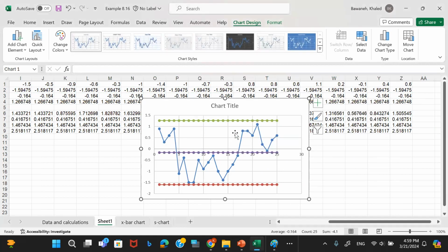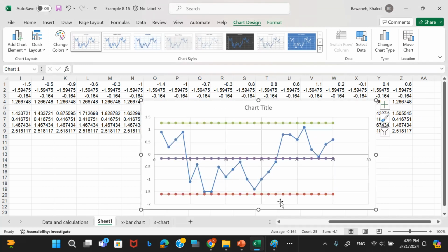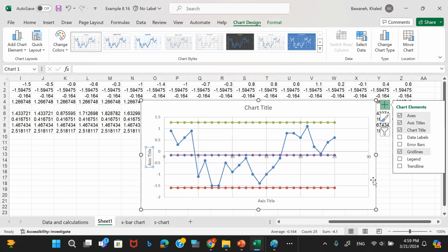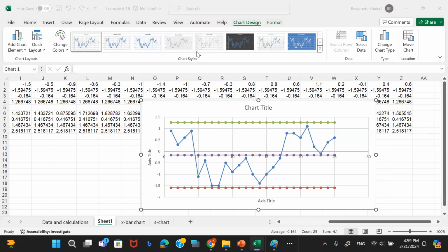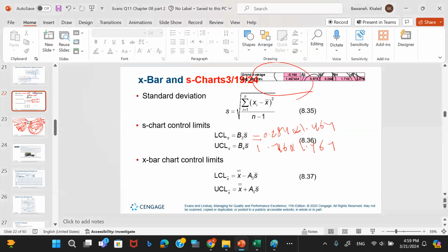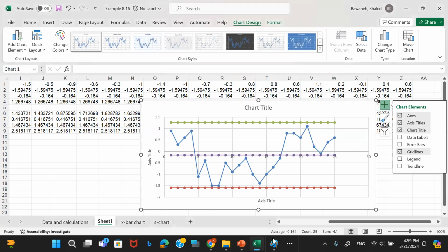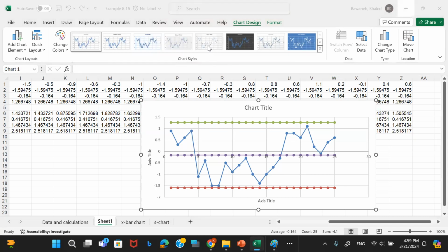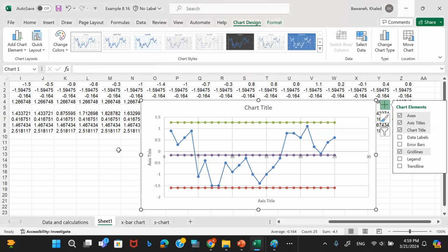Now I can add titles, axis titles, whatever I want. So this is my X bar chart.